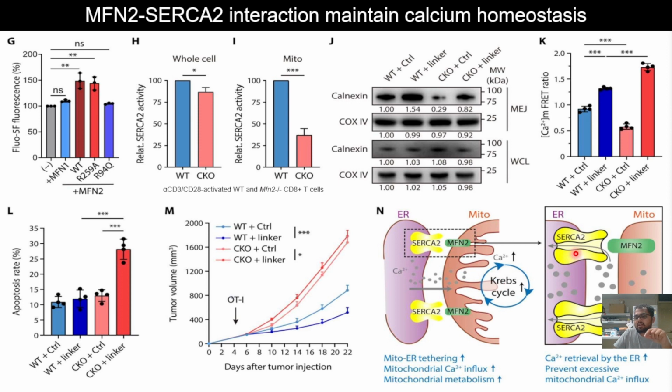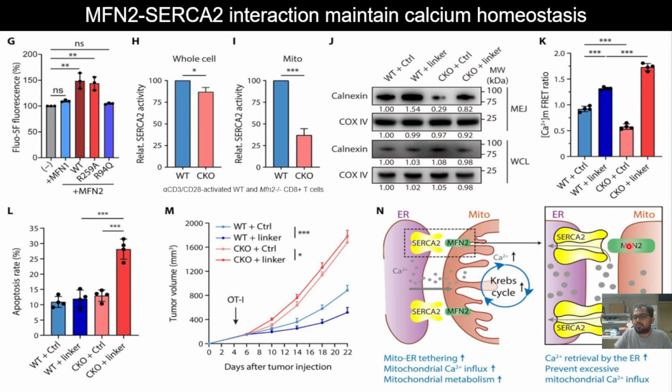But when SERCA2 and MFN2 are functional, MFN2 will increase the activity of SERCA2, so the calcium which could have gone more inside the mitochondria will be taken back inside the ER. By doing that, they are basically maintaining the homeostasis.